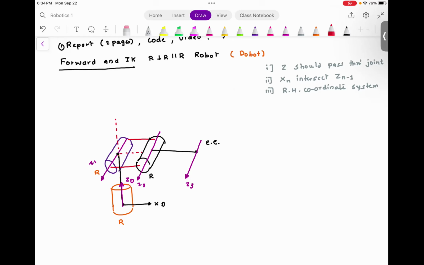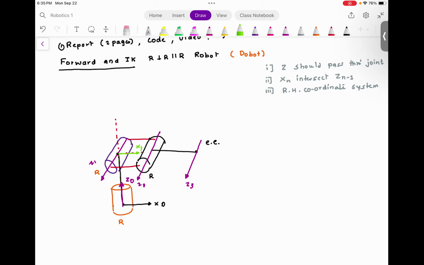So do you agree with me that if I want this sign convention to be true, this should be my X1? Everyone agrees I cannot have X1 going up, because if I have X1 going up, it will not intersect Z0.